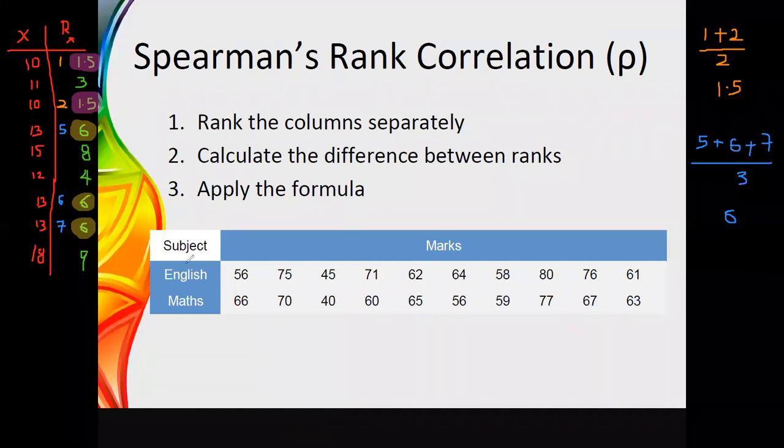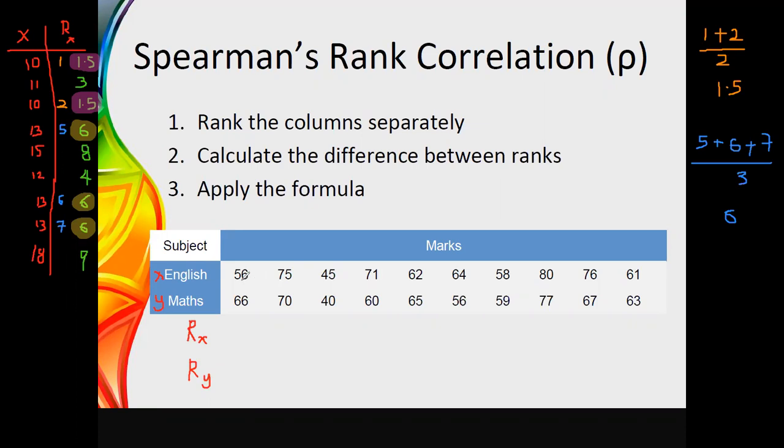If I take English as the subject X and maths as the subject Y, first of all I need to make their ranks. I will take this as Rx, the rank for English, and then I will make another row for Ry.